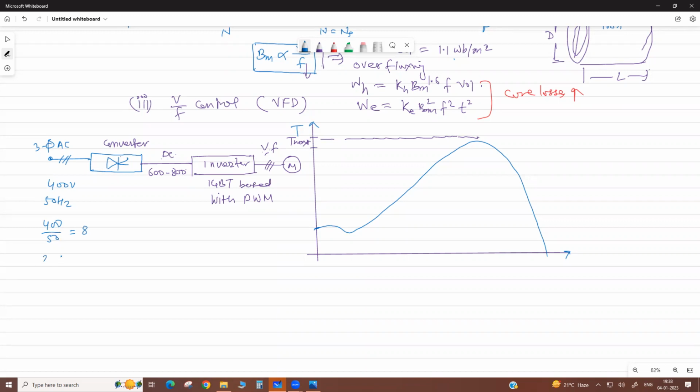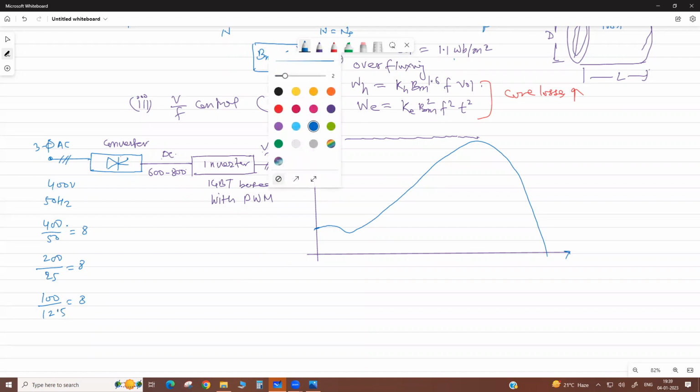Then if we halve the voltage, we halve the frequency, and again we get 8. If we take a quarter of the voltage, then a quarter of the frequency, again you get 8. Sorry, 200, then 25 and 12.5, and again you get 8. Like this, we maintain this ratio constant.